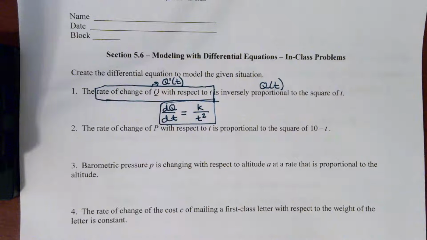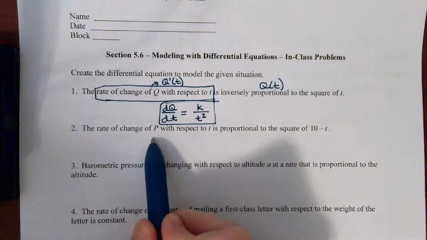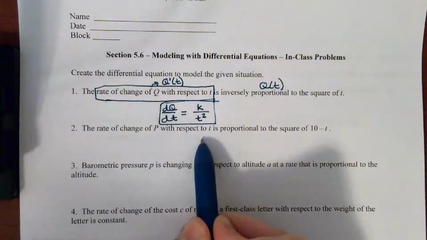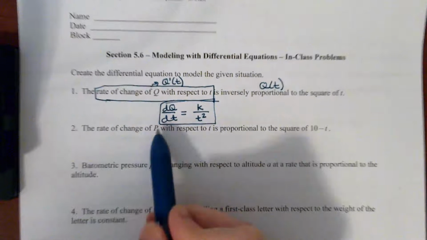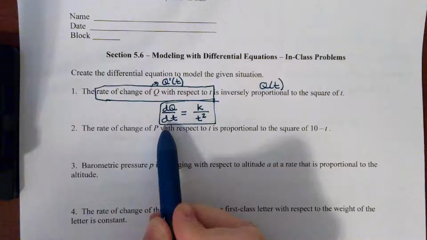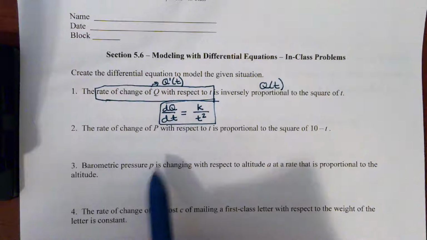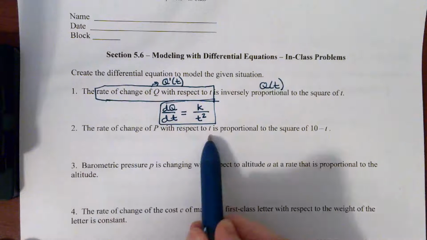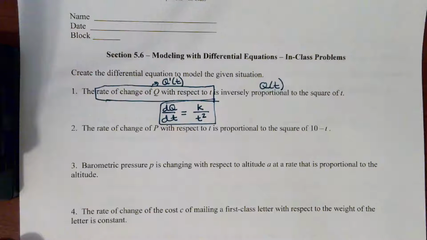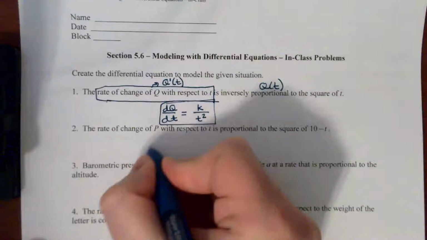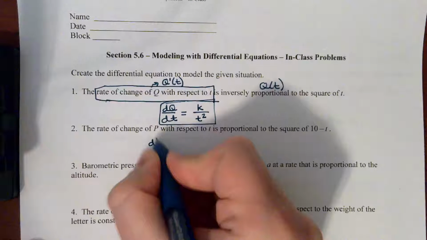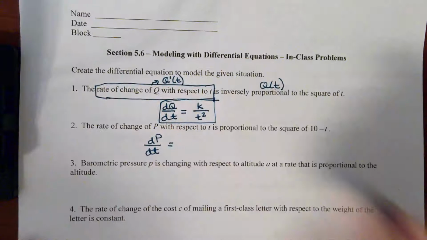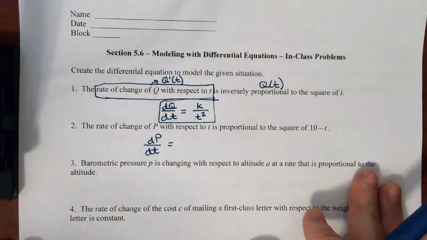The next one, the rate of change of p with respect to t. Can you tell me what that's going to look like in terms of derivative symbols? Don't give me a prime, give me a d something else. Rate of change of p with respect to t looks like what? I think that's going to be dp dt equals, is proportional to the square of t minus 5.